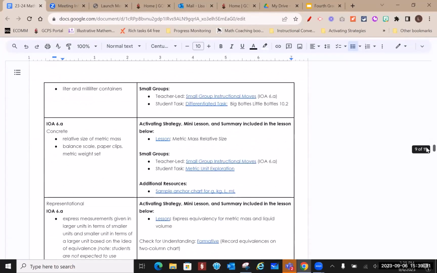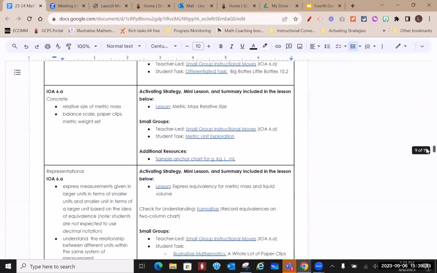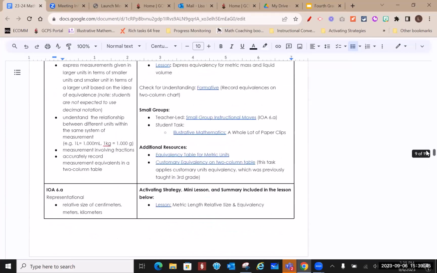Then we're also going to be moving into finding those equivalencies with the metric units of measurement. And then moving into solving problems involving metric units of measurement.